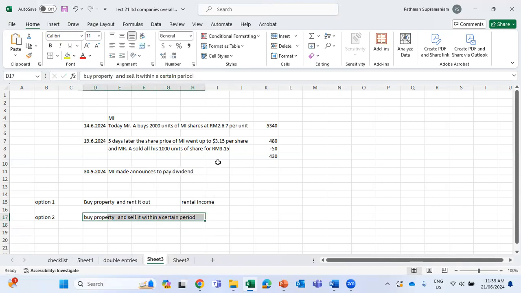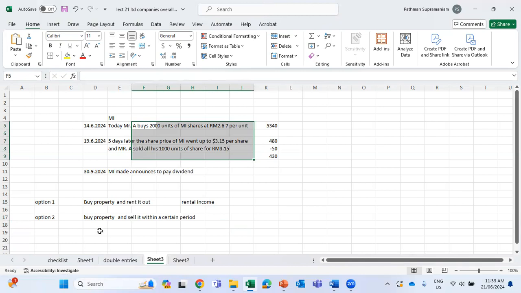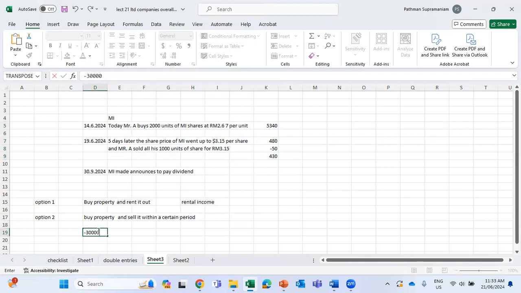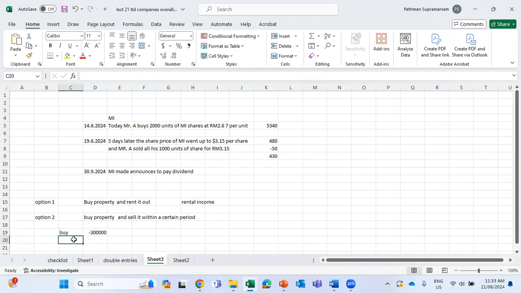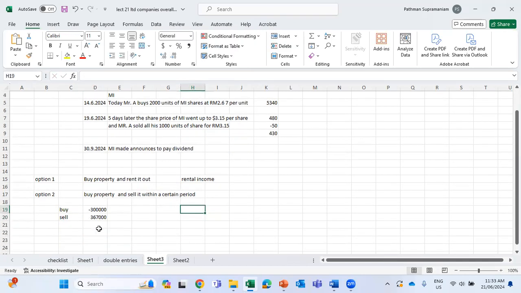Here, like the shares lah. Okay, so let's say you buy the property for, I put negative because it's a cash outflow. You buy at 300,000 and then you sell for maybe 367,000. Then you make a profit of 67,000. Okay, but after you sell already, can you rent it out?